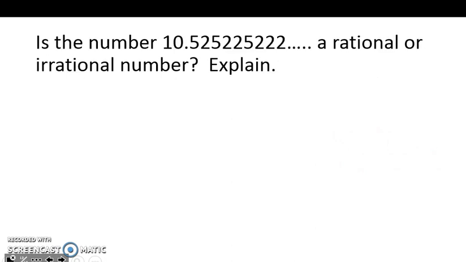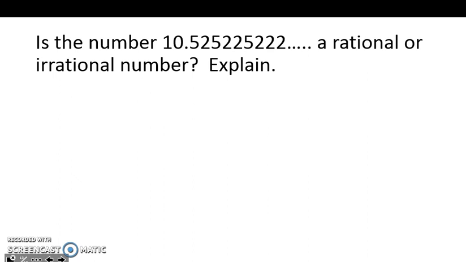All right, last one. Is the number 10.5252225222 and so on and so forth a rational or irrational number? And explain. Okay? Now remember, rational numbers either terminate. This one doesn't terminate because it says it goes on forever. But we need to look at, is there a pattern?